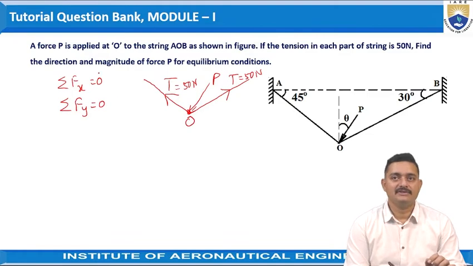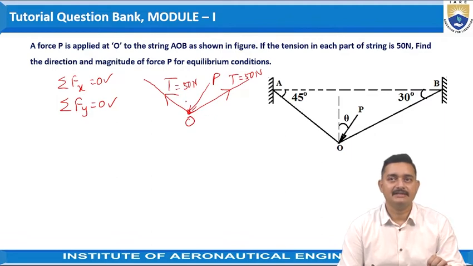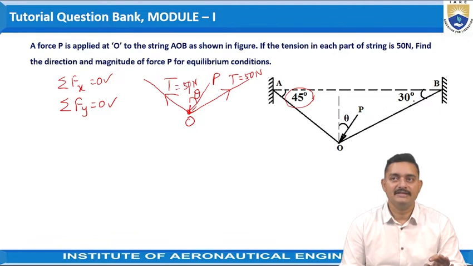As we are considering sigma Fx, the horizontal components, and vertical components, we understand that this is the inclination of P given to the vertical as theta, and the inclinations of T on both sides are given as 45 degrees and 30 degrees.